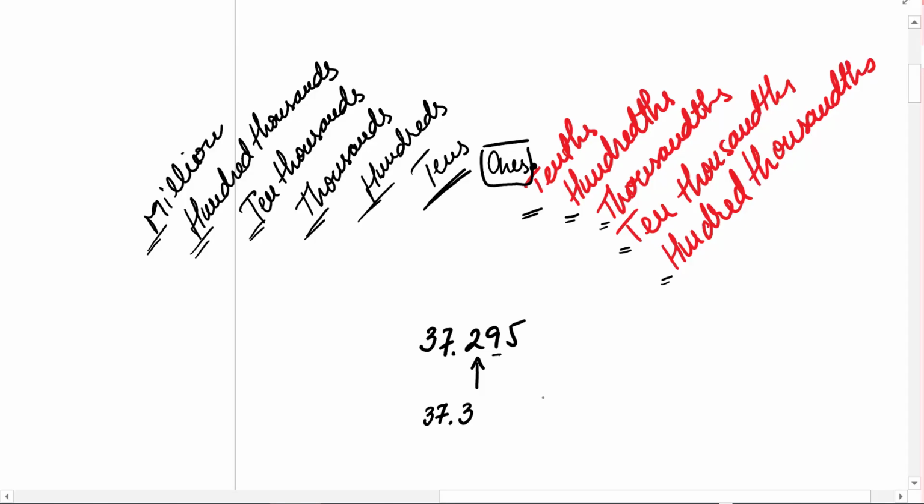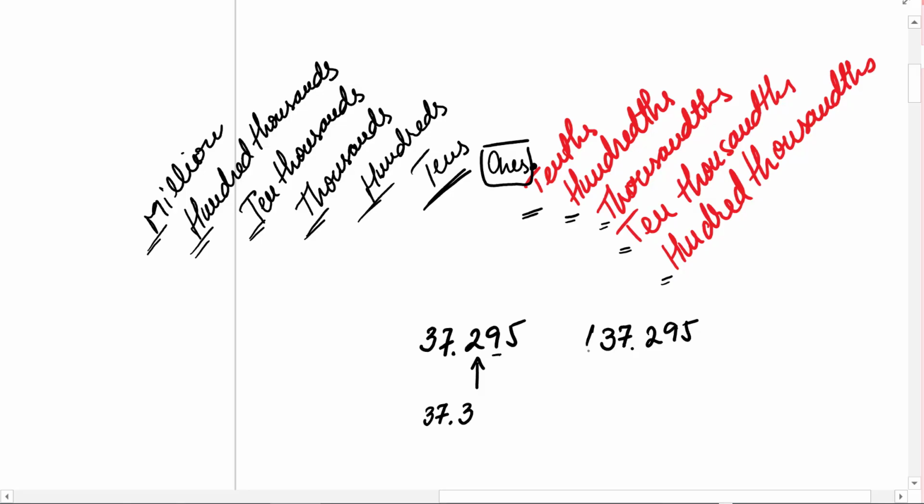If the next position is 5 or more, then we round 2 to 3. If, for example, we want to round 37.295 to the nearest tens, we know that 7 is the ones.